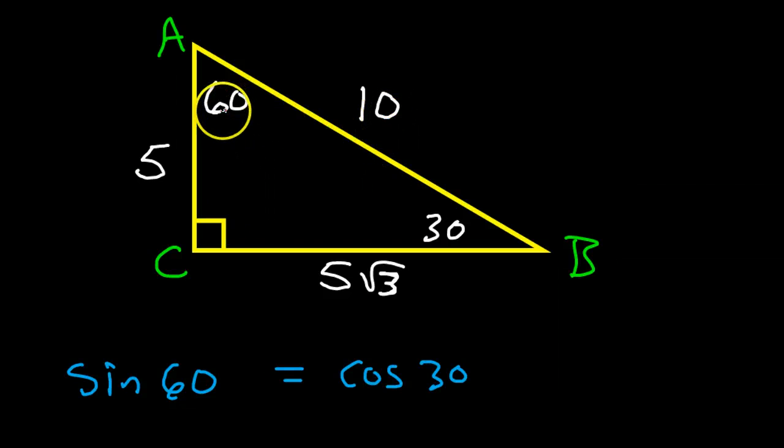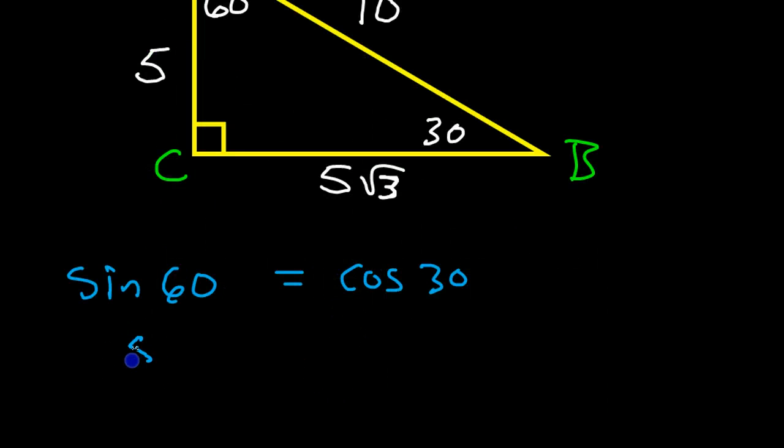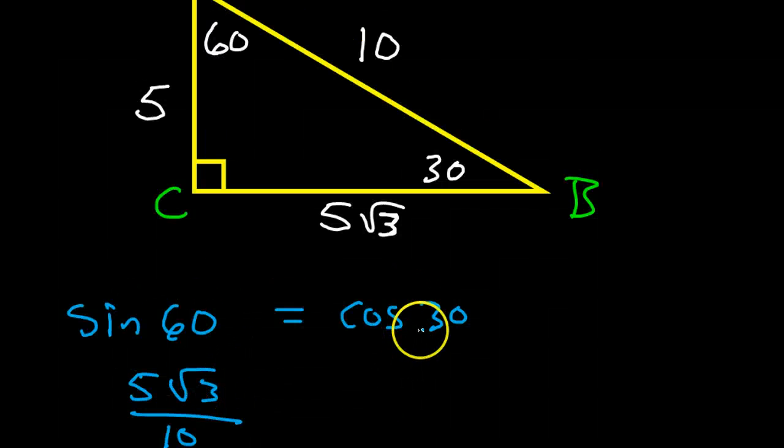So the sine of 60 would be 5 radical 3 over 10. I could reduce that, but I'm not going to do it right now. Now the cosine of 30 degrees is going to be the adjacent leg over the hypotenuse. Well, the adjacent leg is 5 radical 3, and the hypotenuse would be 10. So that would be 5 radical 3 over 10.